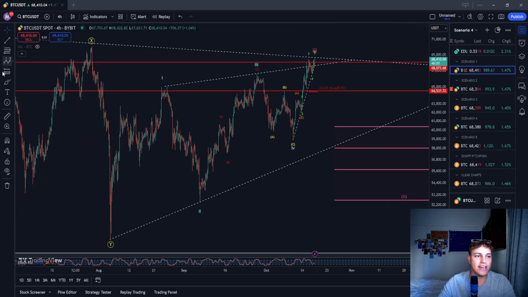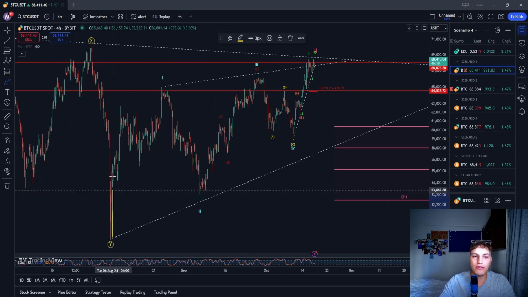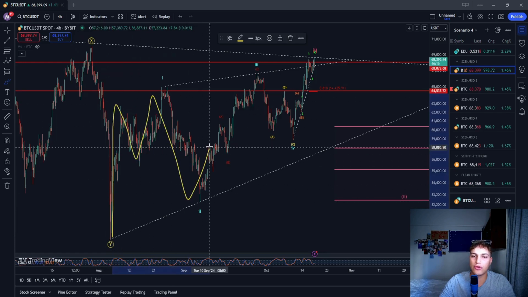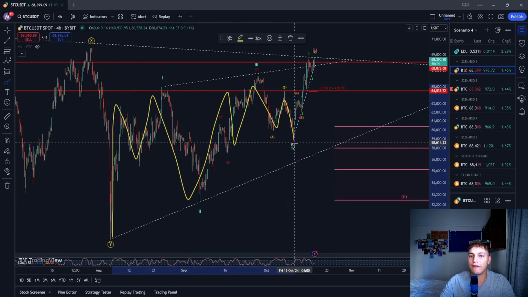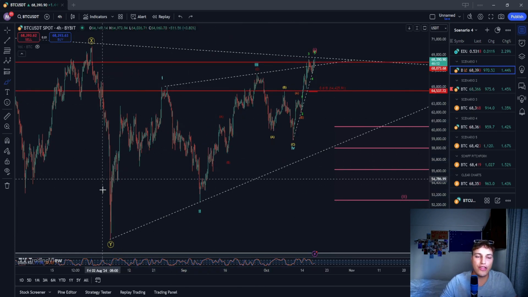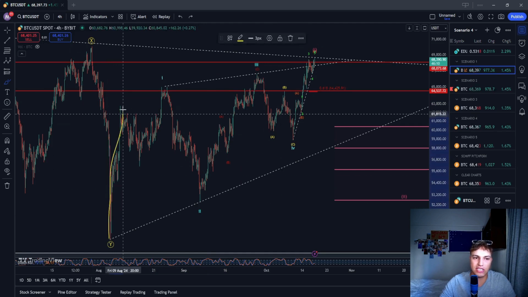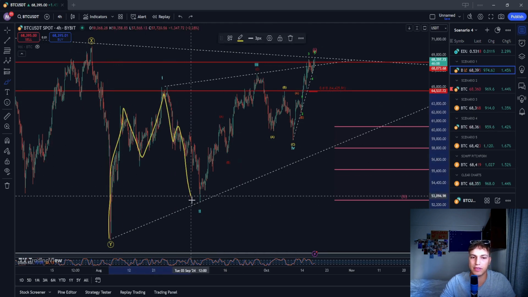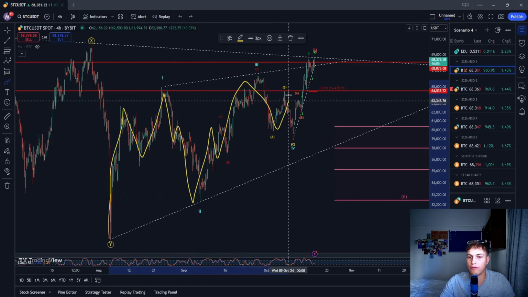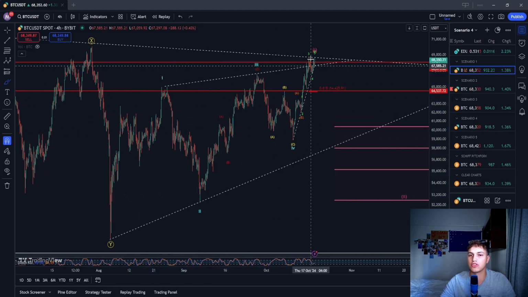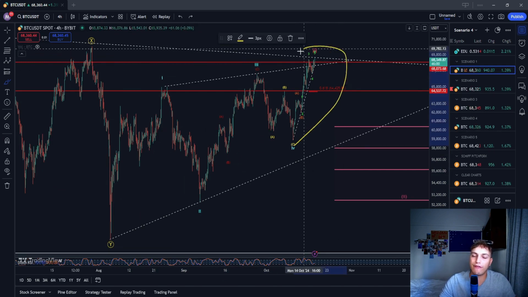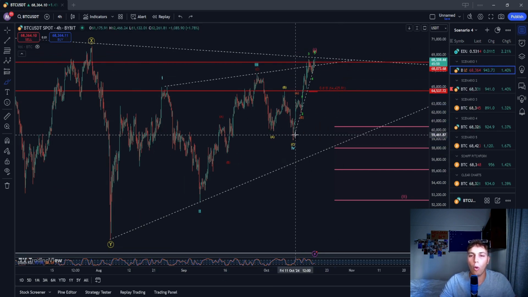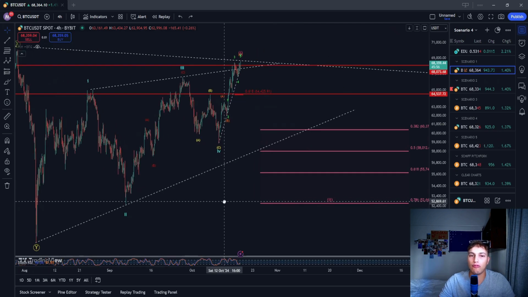A contracting diagonal is where every move, the 1, 2, 3, 4, and 5 are all 3-wave structures. If you see here an ABC, ABC, and it is marked off on the chart here as well. So we are currently now almost finished this wave 5 move here, or the wave A of wave 5.